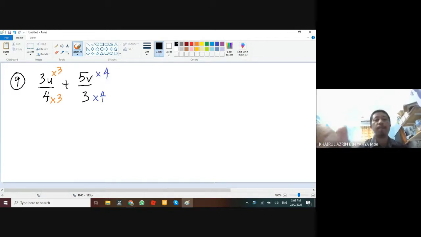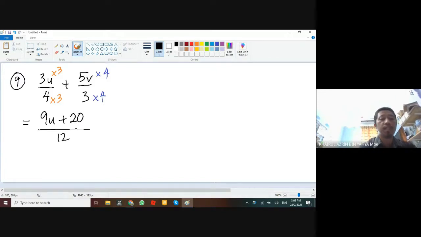So for the answer, 4 times 3 equal to 12. Okay, so 3u times 3 equal to 9u plus 5v times 4 equal to 20v. Okay, so that is the answer for question 9.